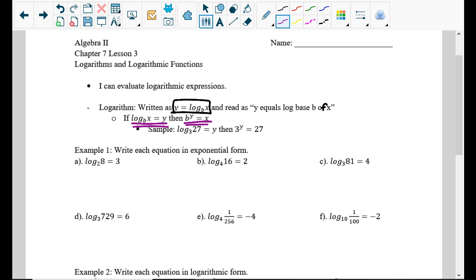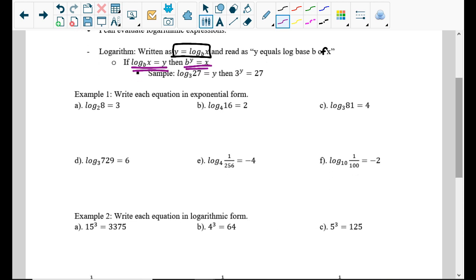In these first two examples, we're just rewriting them, going from logarithmic form to exponential form. So again, log base 2 means 2 is the base in the exponential form as well. The exponent here is the 3.